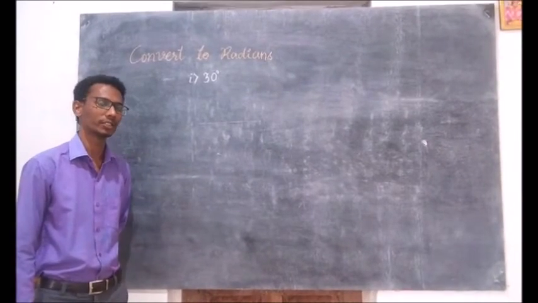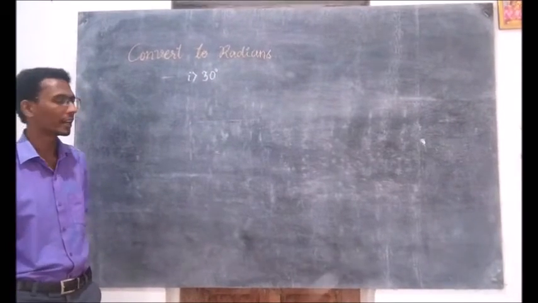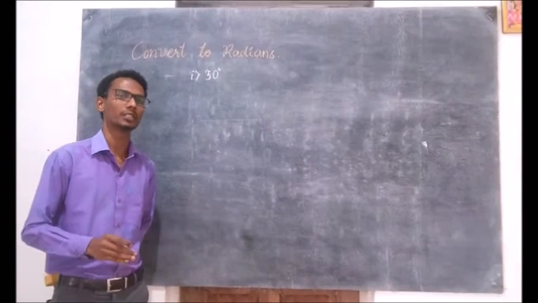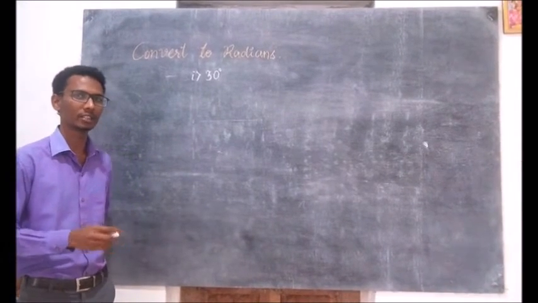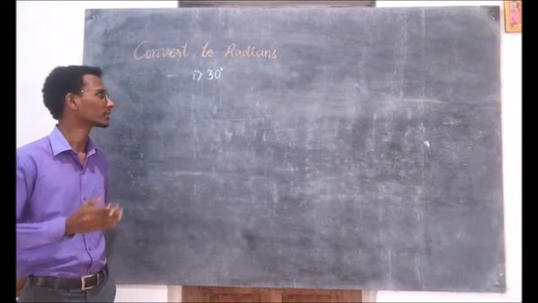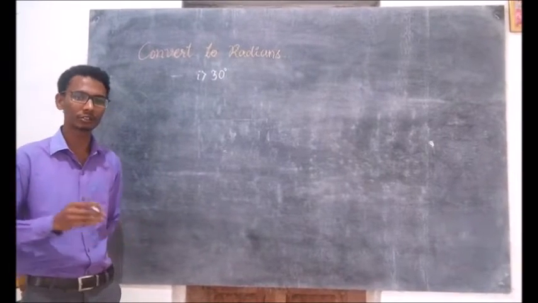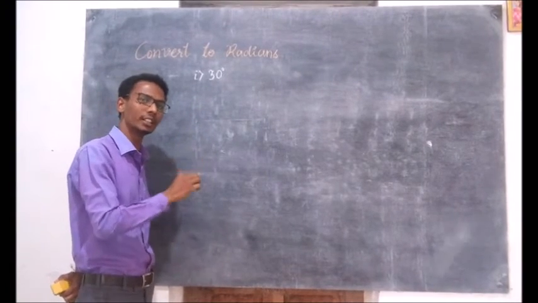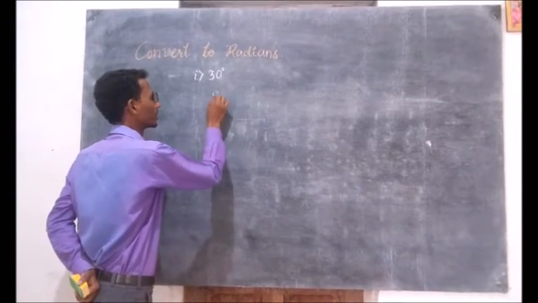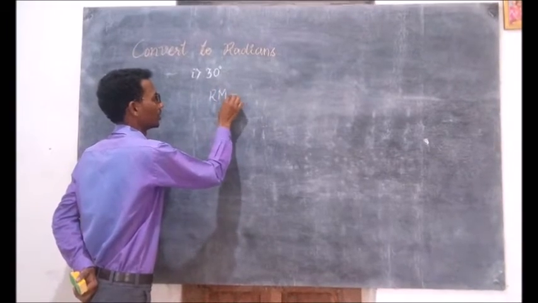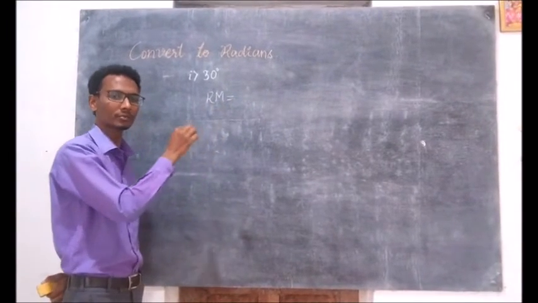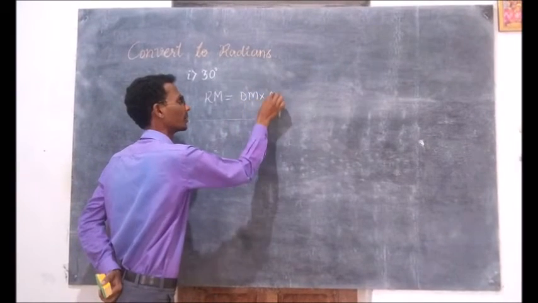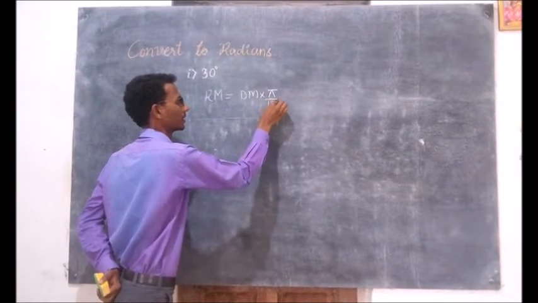Now we shall study how to convert angles into radians. If we have been given some angles in degree measure and want to convert those angles into radians, we already got to know how. An angle given in degree measure can be converted into radian measure using the formula: radian measure is obtained by multiplying the degree measure with pi by 180.